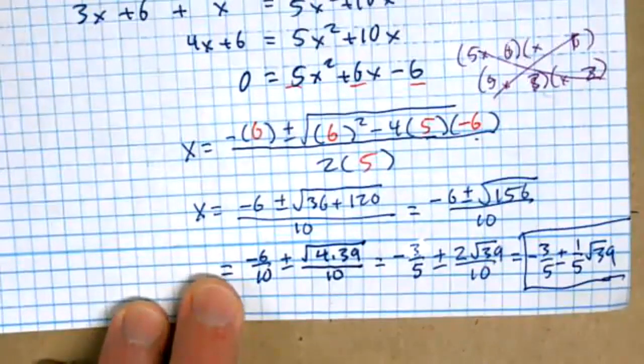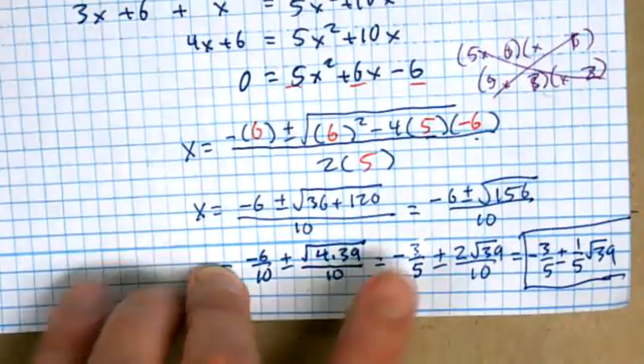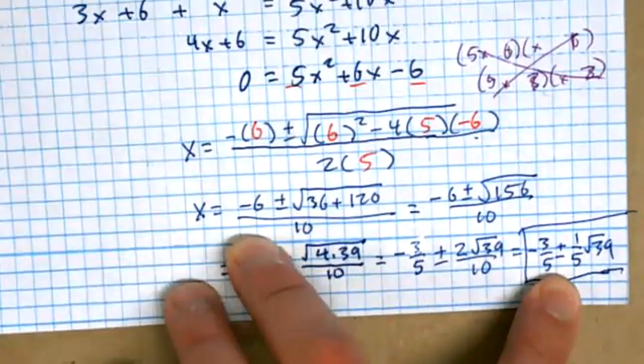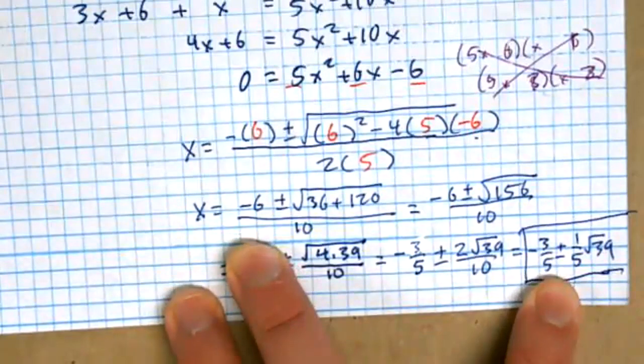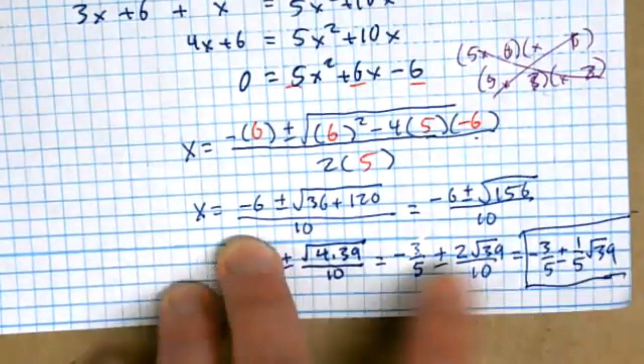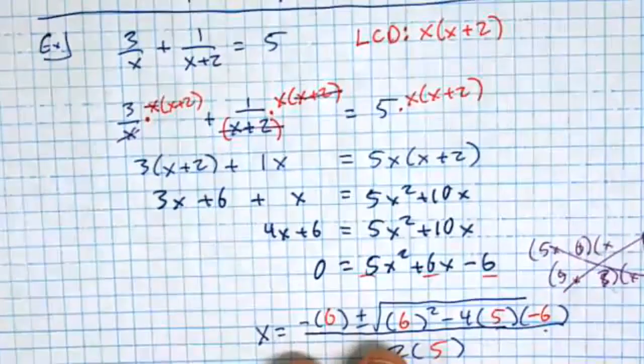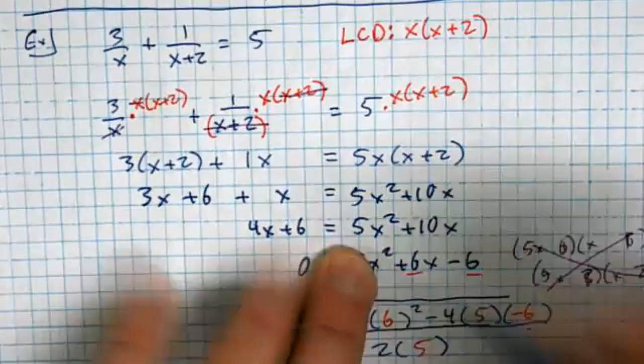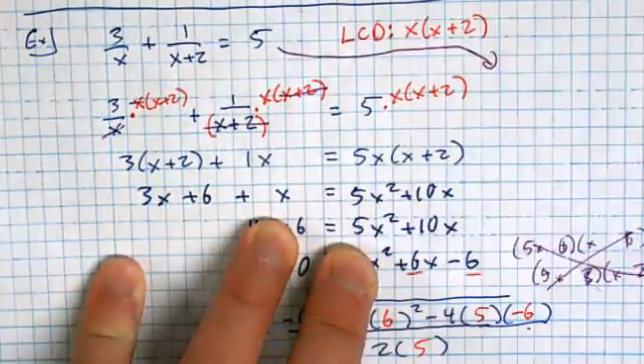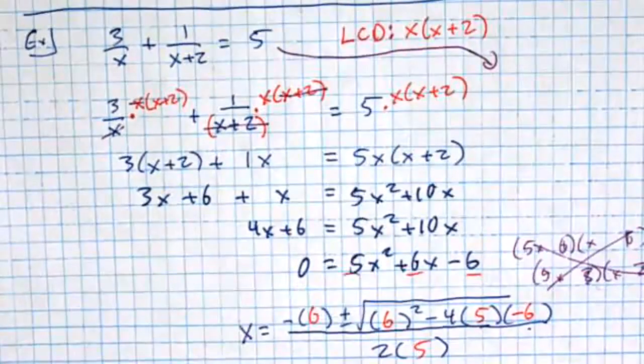All right, let's verify this thing numerically. Now, I do not want to take that and plug it back into my original equation. So we'll definitely be letting the calculator do this for us numerically. I'm going to go back to my original equation. And I don't have a whole lot of space here, but let's rewrite this with a 0 on one side. So just scooch that 5 over to the left-hand side.